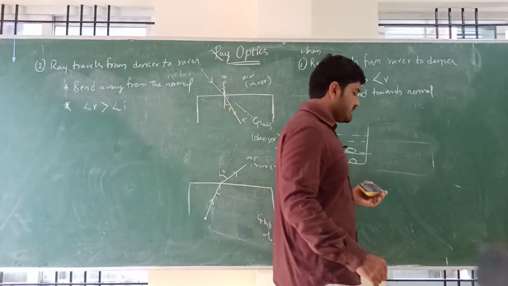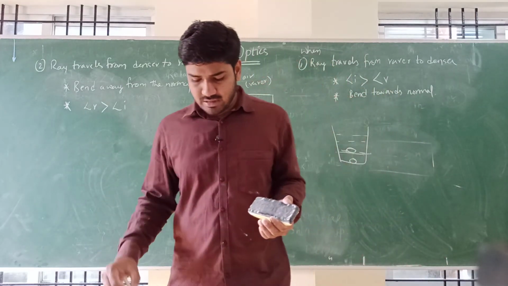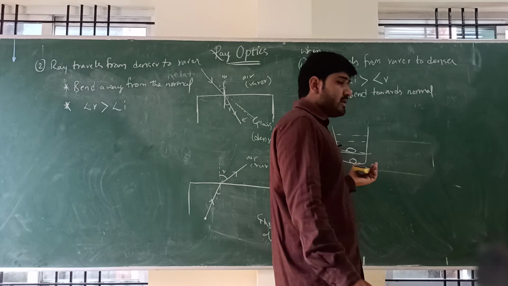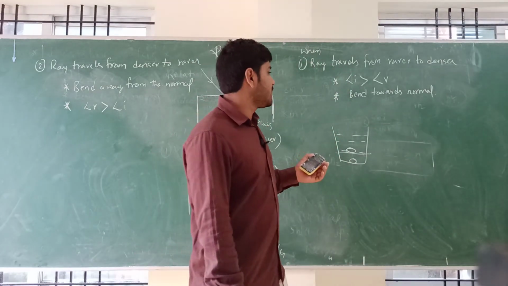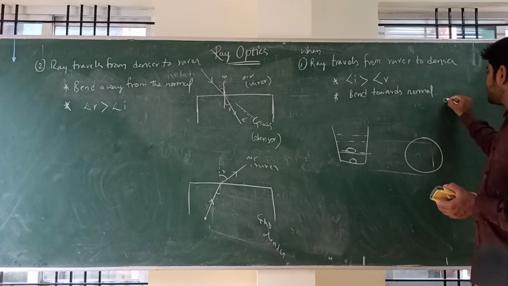That is nothing but the refraction of light, and we have seen a lot of phenomena where we can observe the refraction of light. See, this is the earth and this is the star.